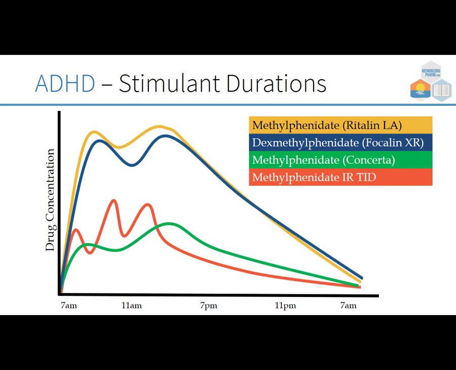But imagine if instead of taking it at 7 a.m., the patient took it at 11 a.m. In that case, they would be wide awake for quite a long time, and we would want to take something like the immediate release and only maybe give 2 doses instead of 3, so that we avoid that insomnia at the end of the night.